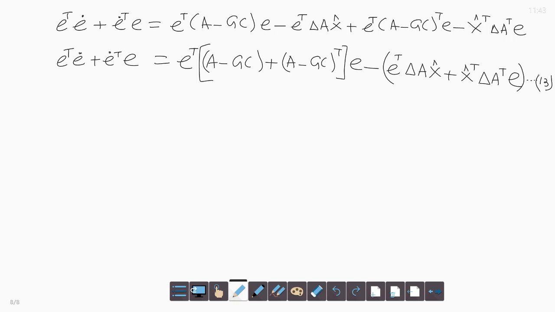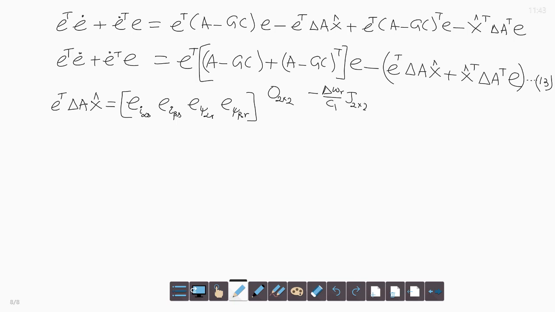Let us evaluate E transpose into delta A into X hat, where E is the error vector: error in I alpha S, error in I beta S, error in psi alpha R, error in psi beta R. So E transpose is this, and delta A is 0 (2 by 2), minus delta omega R by C1 into J (2 by 2), then 0 (2 by 2), then delta omega R into J (2 by 2).